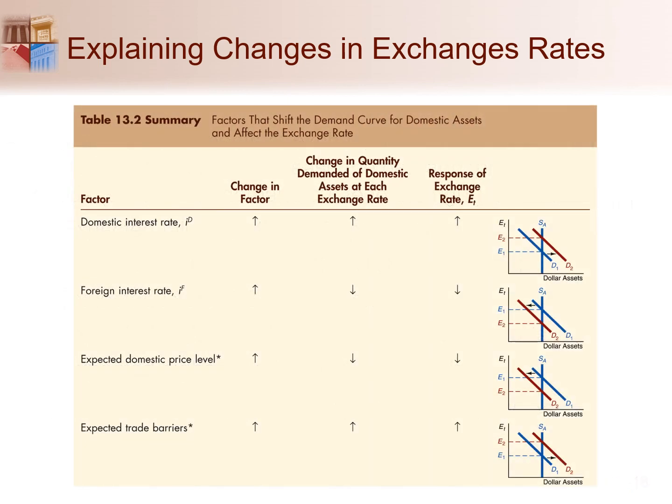For example, when there is a domestic interest rate and an expectation that it will increase, the quantity demanded for the dollar would also increase, and the exchange rate also increases. The same is the case with the foreign interest rate.